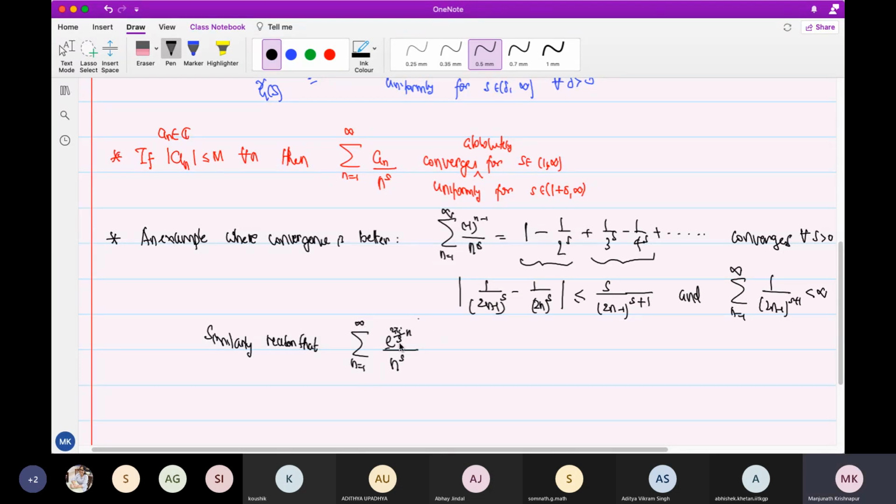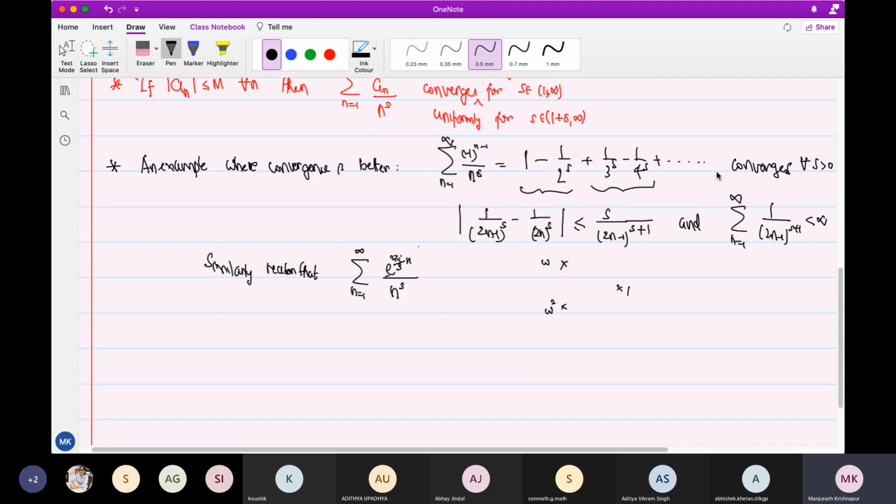So this is a cube root of unity to the power n. You see, it oscillates between three terms, usually denoted 1, omega, omega square. So it keeps oscillating 1, omega, omega square, 1, omega. Instead of 1 minus 1, it is oscillating between three things, but their sum is 0. Because of that, you can group terms by threes, 1, 2, 3, 4, 5, 6, and so on, and similarly show that this converges for all s positive.